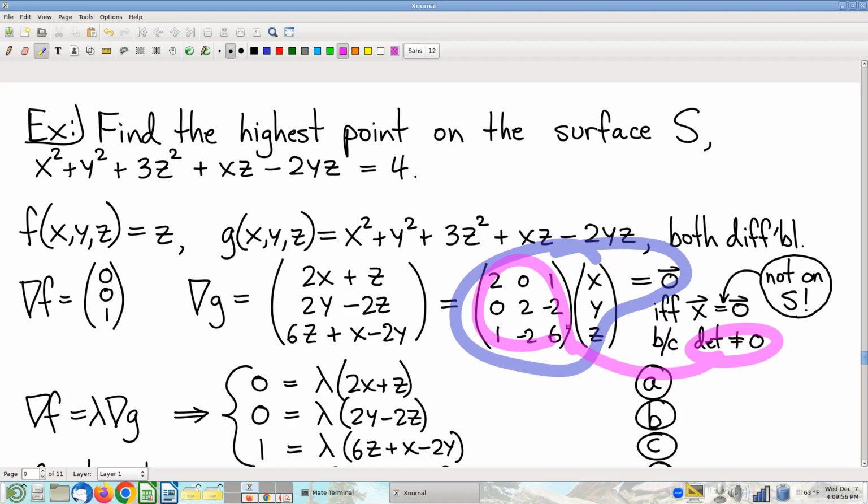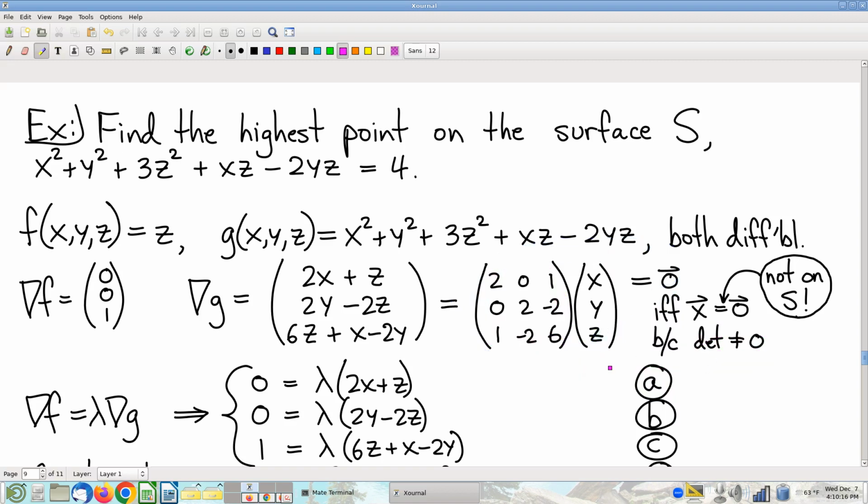Does everybody remember that from linear algebra way back when? Spring, I guess. Anyway, if you're a little shaky on your Math 218, you want to brush up, make sure that this makes sense. It's a handy little tool to have at your disposal. Okay, so our solution then is just x equals 0.